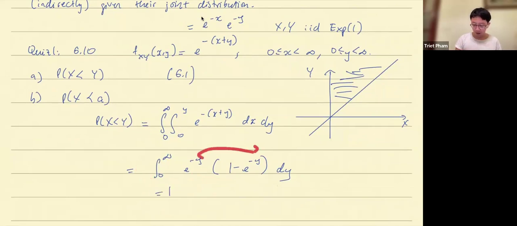The second one is e to minus 2y. Well, it's almost like an exponential density. You miss a 2, so you put a 2 there, put a 1/2 there. So that's minus 1/2. So the answer is 1/2. I'm doing it quick because the integral is straightforward. You could just take the integration and then plug in and you should get the same answer. Any questions about this?